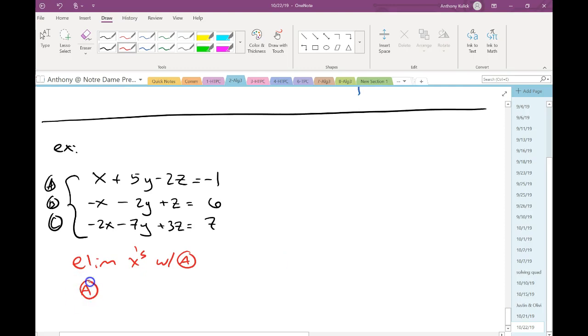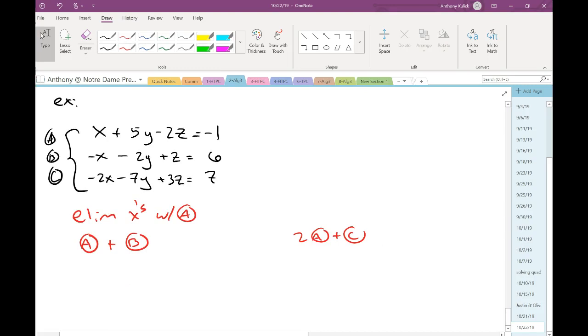And I know right away I can just do A plus B. And then the other way I could do 2A plus C. Are there other options you could do? Sure, but let's try not to make this any harder than it needs to be, right? That's a good choice.